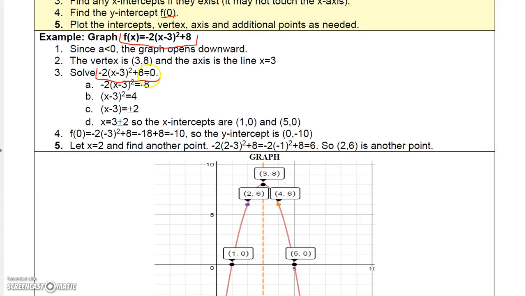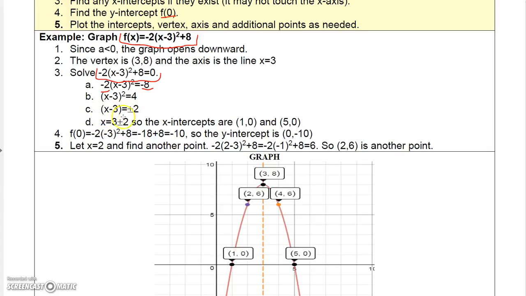I can move the 8 over, and that becomes minus 2 times x minus 3 squared equals negative 8. Then divide both sides by negative 2, and negative 8 divided by negative 2 gives me plus 4. Then using the square root theorem, x minus 3 must equal plus or minus the square root of 4, so plus or minus 2.